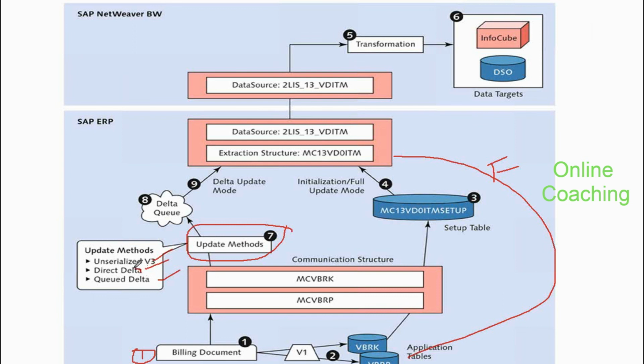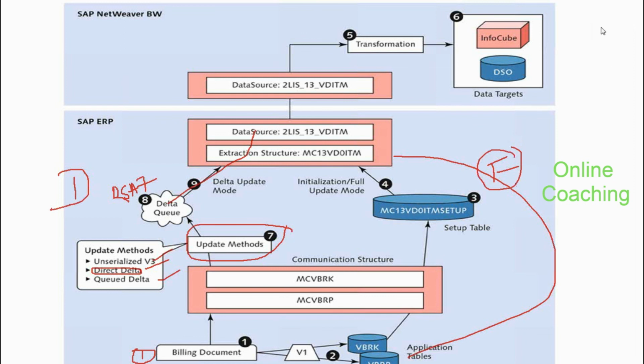By default it is direct delta. Then from this it goes to delta Q. What is the transaction code for delta Q? RSA7. Then it goes to your extraction structure or data source. This is for delta. This is for full load. Guys, is it clear now?